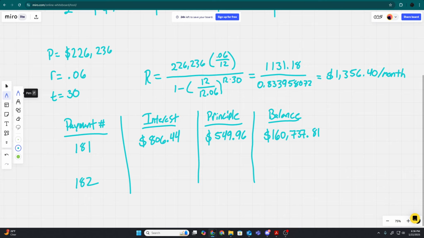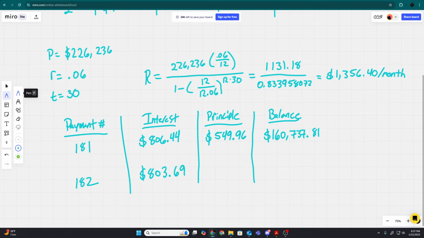Again, let's go ahead and try to do payment 182. I should expect it to be less in interest but more in principal. So I'll take 160,737.81 times 0.06 divided by 12. The interest for this payment number 182 will be $803.69.